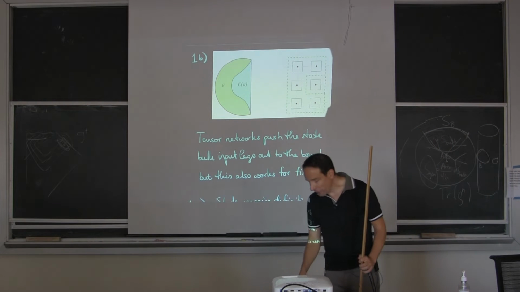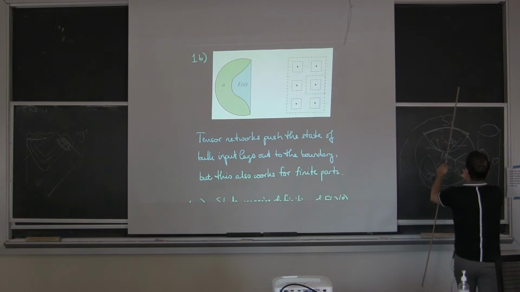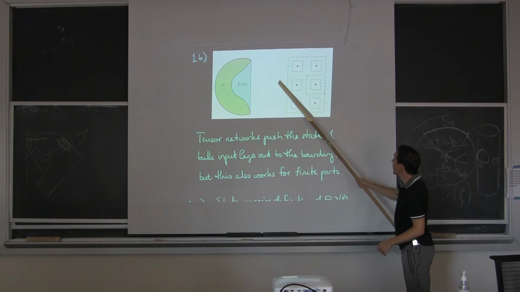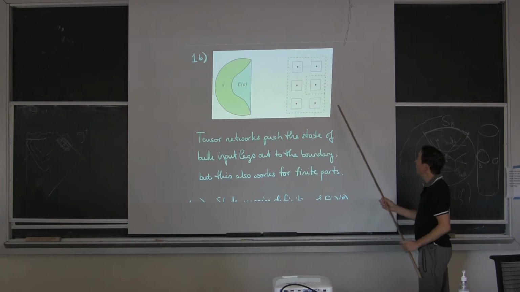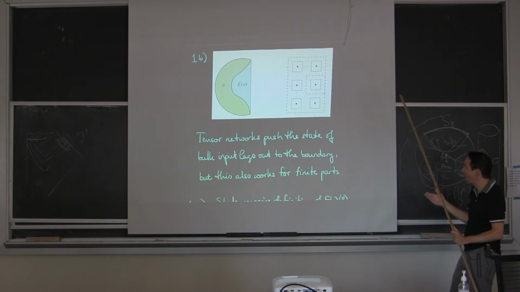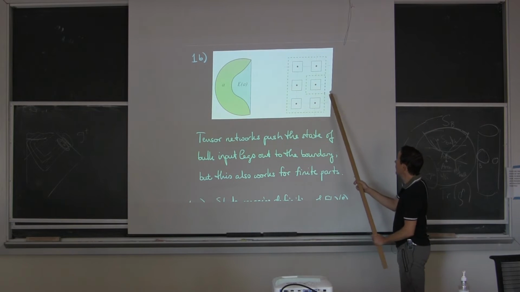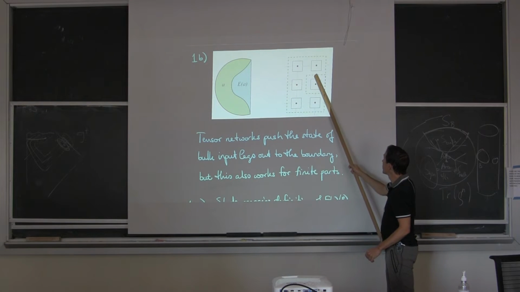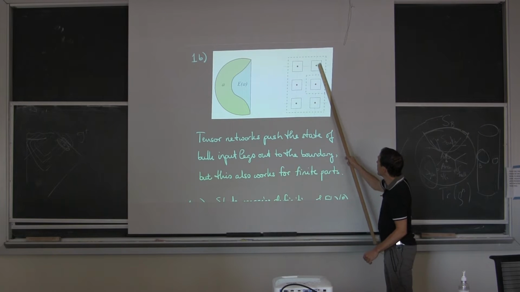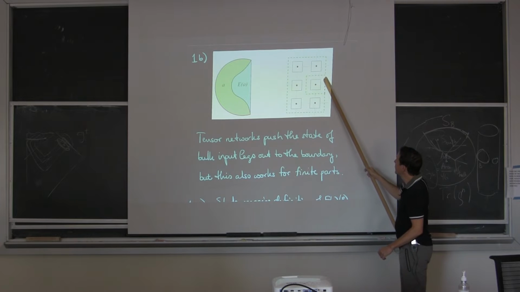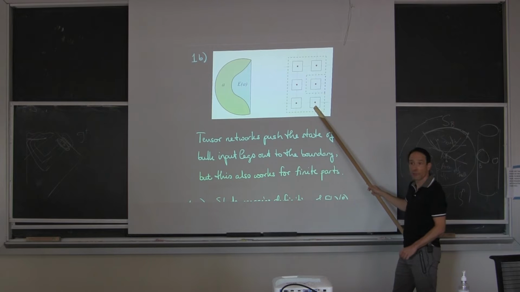But there's nothing about those statements that's specific to going all the way out to the boundary. I can draw you a piece of a tensor network that looks like this and argue, as a matter of mathematical fact, that if I use the tensor network to move the state, this bulk leg, into this region here, so across this boundary, I basically only act with this tensor and not yet with the other ones.